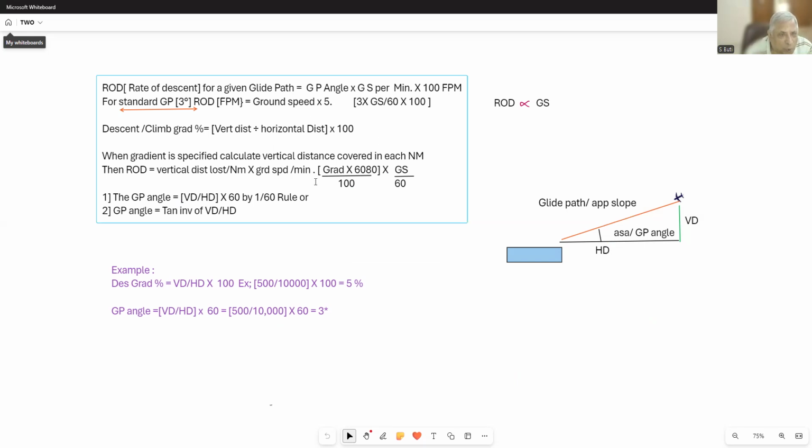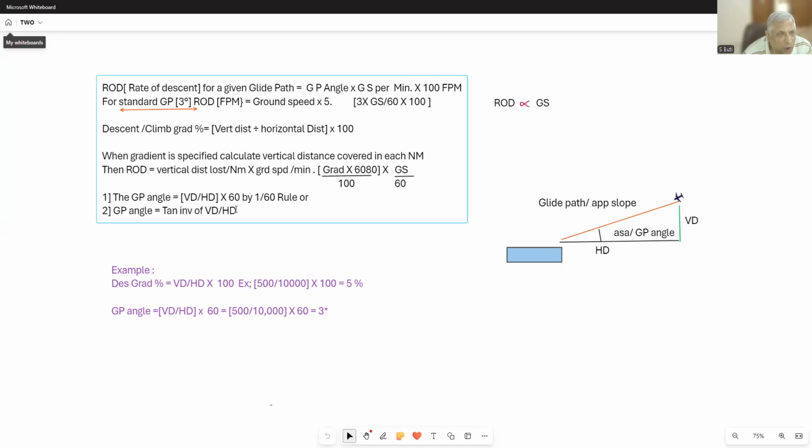Then you use this formula and not the other formula. Vertical distance lost per nautical mile will be gradient divided by 100 and multiplied by 6080. This distance lost per nautical mile multiplied by ground speed by 60 will give you the rate of descent.